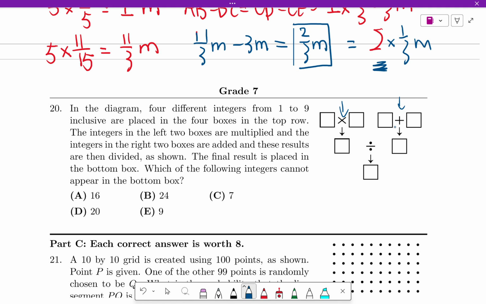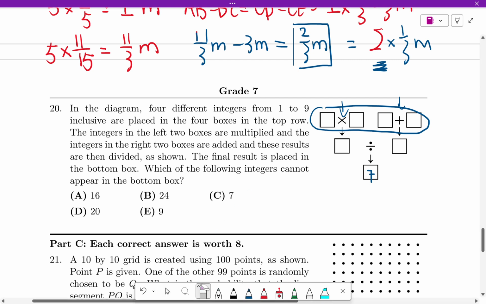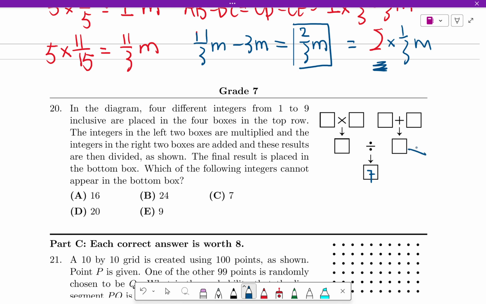For this question, since it's multiple choice, we can try each option out. Let's start with 7, because it's the simplest. If we have 7 in the bottom box, we use 1 to 9 to fill out these numbers. Let's think about the minimum value we can put in this box.